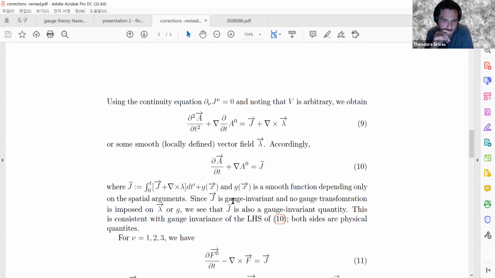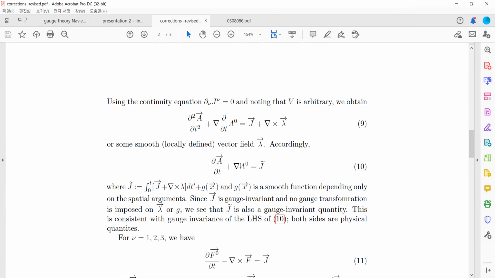I'm confused about the notation of that second term. Oh, A0 is just one component, one ordinary function. Spatial gradient, isn't it? Yes, it's a space gradient.